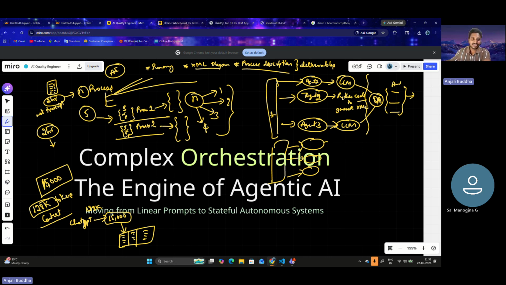But when I tried to create this, it became more of a headache for me, because until then I only knew about the context window. After this point, I got to know about something called the attention window. Let's say you have given 128K tokens.